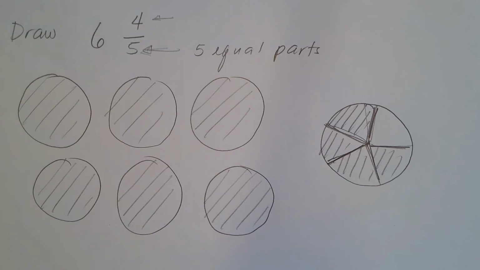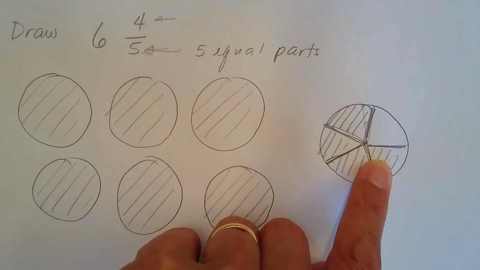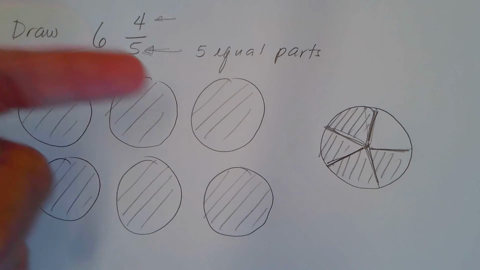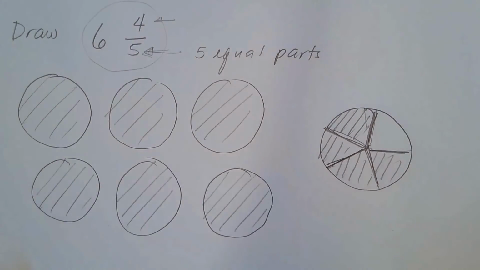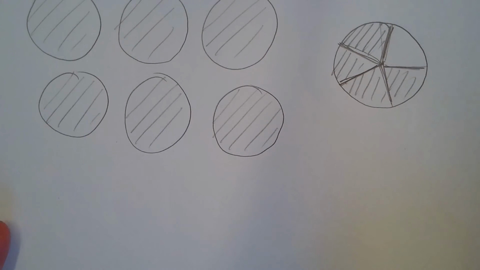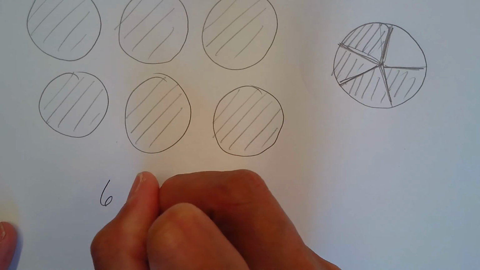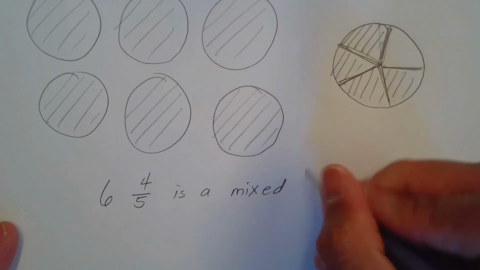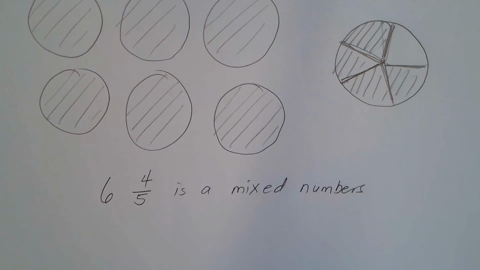That's good. So we got 6 whole circles and 4/5. If you want the visual representation of the fraction, this is what it is. This 6 and 4/5 is called a mixed fraction, or mixed number.